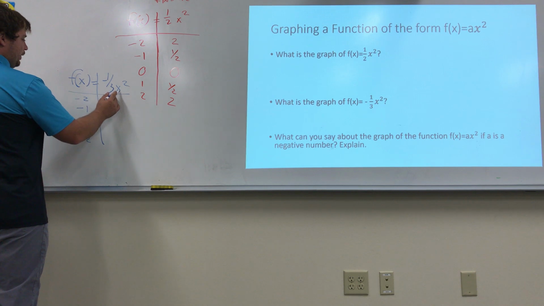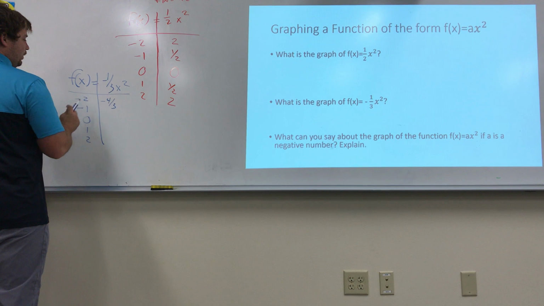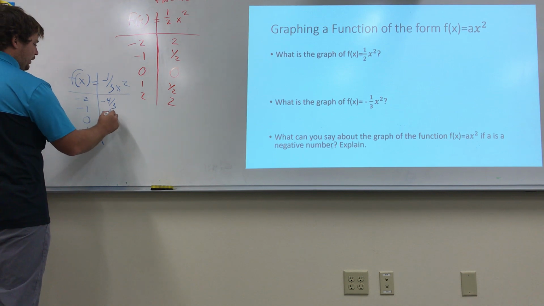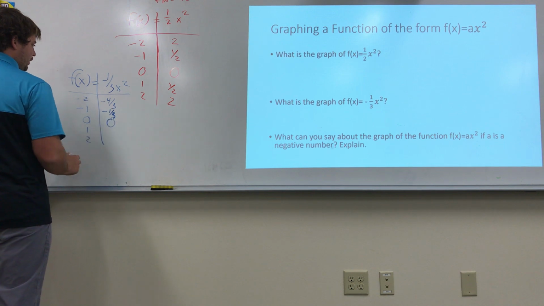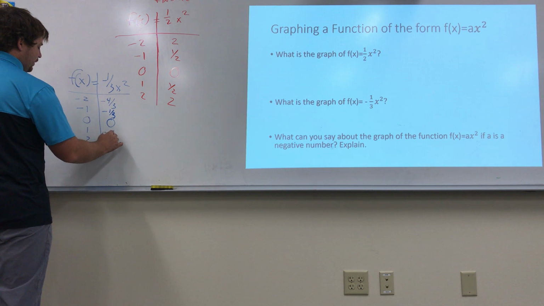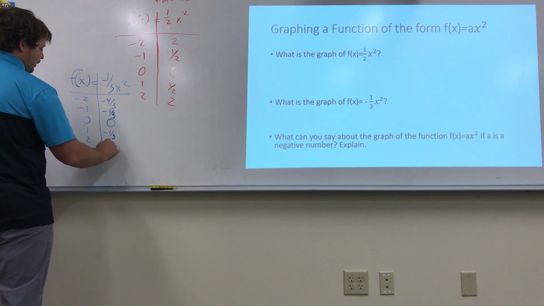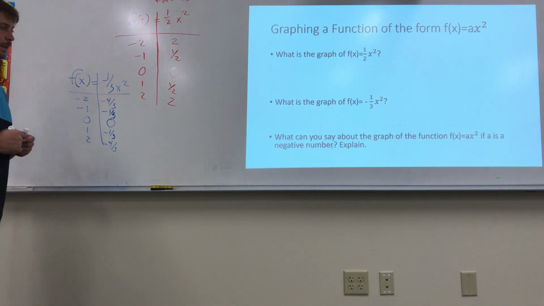When I put in −2 there, I'm going to get 4, so −4 times... I'm going to get 4 times −1/3, which will give me −4/3. −1 goes in there, it's going to come out as +1, so I'm going to get −1/3. 0 goes in there, 0 times −1/3 is going to give me 0. 1 is going to give me 1, 1 times −1/3 is going to give me −1/3. 2 goes in there, you're going to get 4, 4 times −1/3 is going to give me −4/3. And there I have both of them.